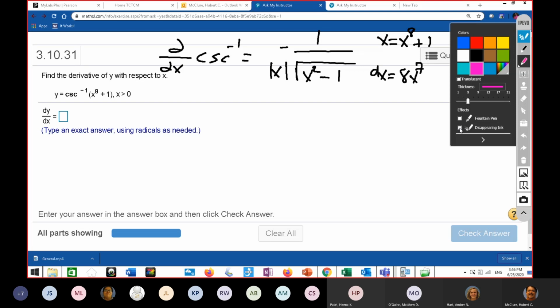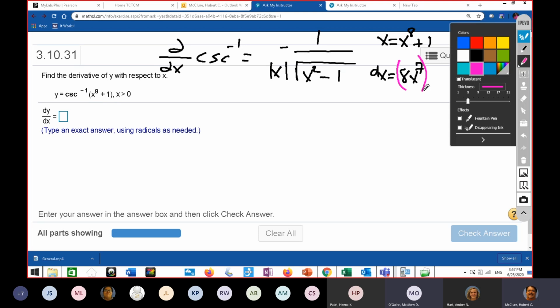So there is what's in parentheses. I'm going to take what's in parentheses, turn off that, and I'm going to write down parentheses right here because that's my derivative of what's inside. So I'm ready to plug and chug.